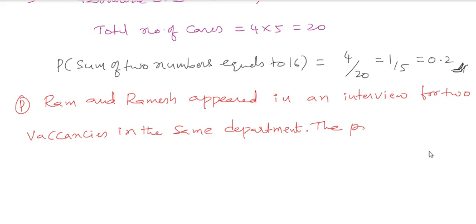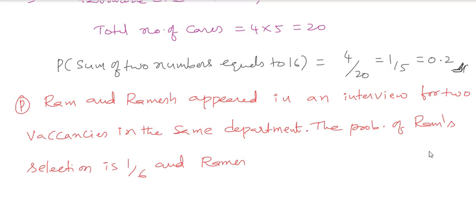The probability of Ram's selection is 1 by 6 and Ramesh's is 1 by 8.